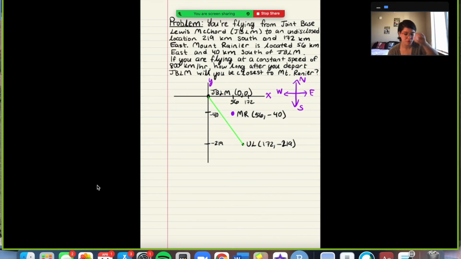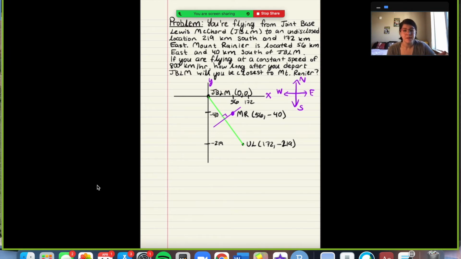If you remember from geometry, the closest that a point can be to a line is if it's perpendicular to it. So we'll draw a perpendicular line from Mount Rainier to our flight path, and then we'll label it with a nice right angle symbol just to show that it's perpendicular.